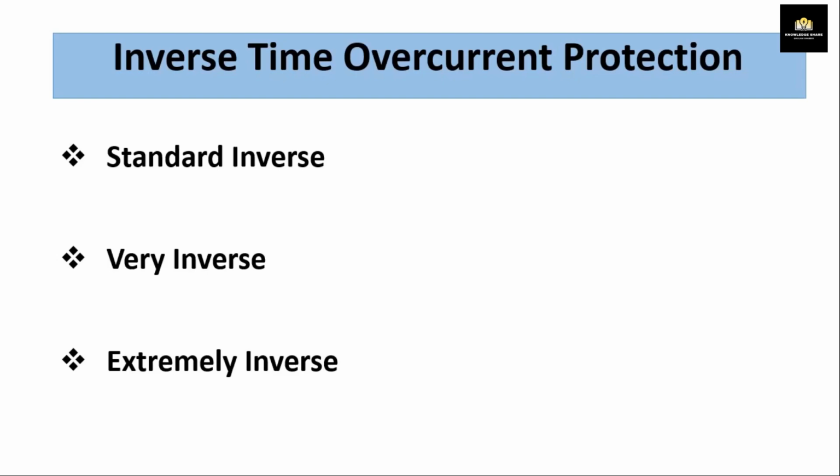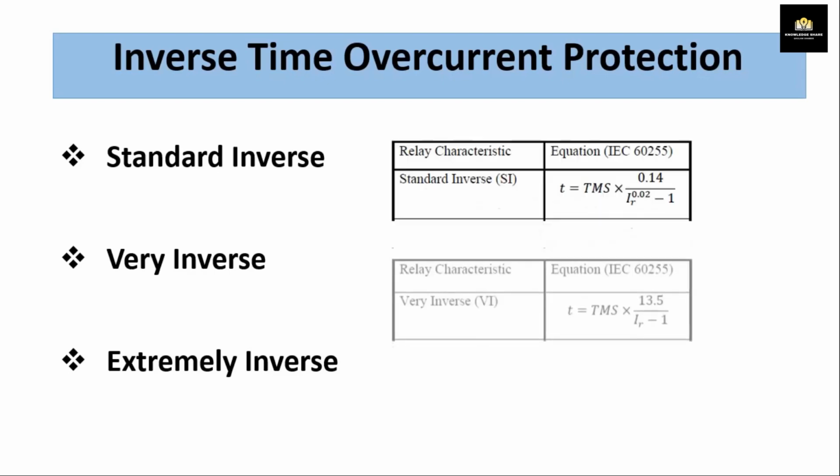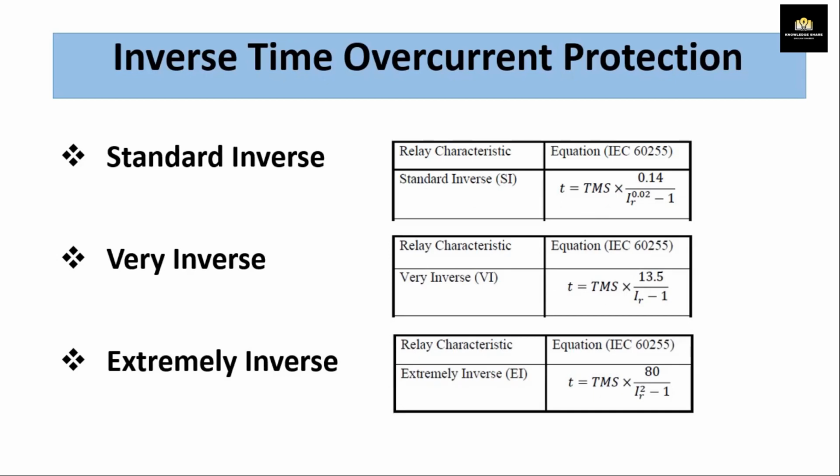The time dial setting adjusts the time delay before the relay operates whenever the fault current reaches a value equal to or greater than the relay current setting. The tripping characteristics for different time multiplier settings using IEC 60255 are shown for the standard inverse, very inverse and extremely inverse.